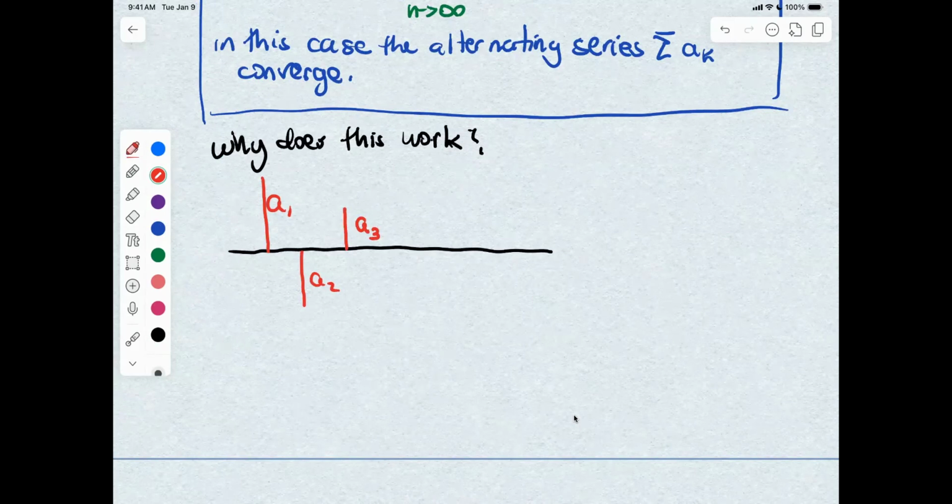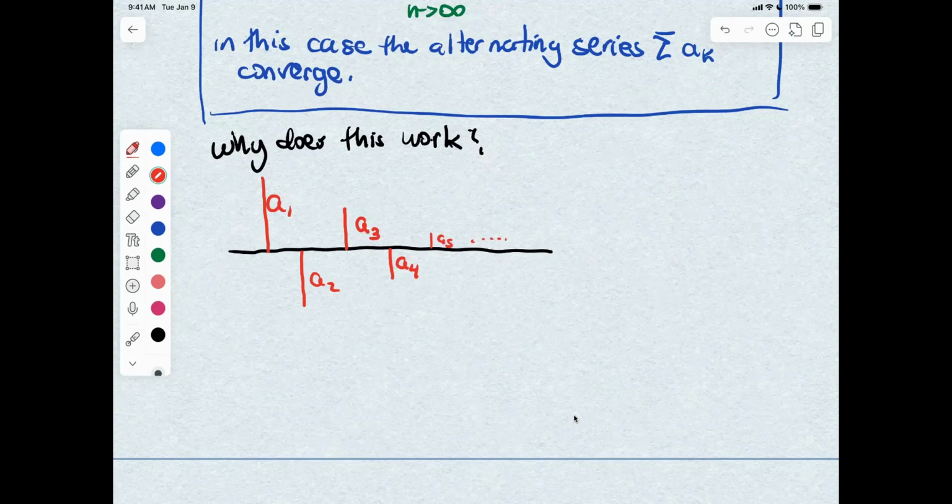Then the next coefficient is negative again, and it's smaller, and this one is even smaller, and it continues forever. So this is an accurate representation of what's going on, and the series is adding all these heights together, if you think about them as towers.